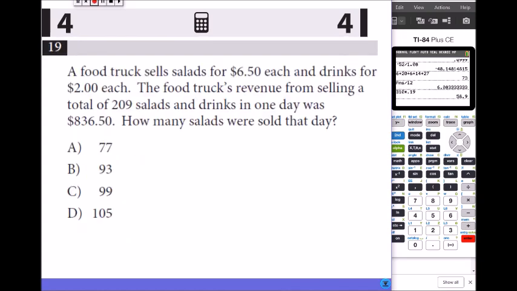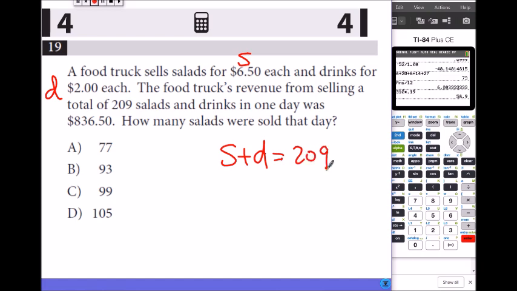A food truck sells salads for $6.50 each and drinks for $2 each. The food truck revenue, the profit from selling a total of 209 salads and drinks. So if we call S for salads, D for number of drinks, S plus D was 209 total.